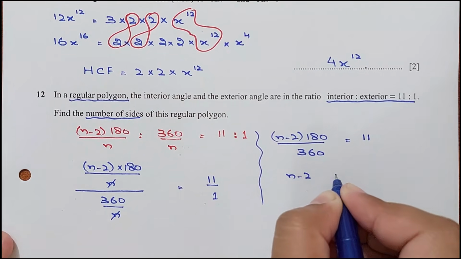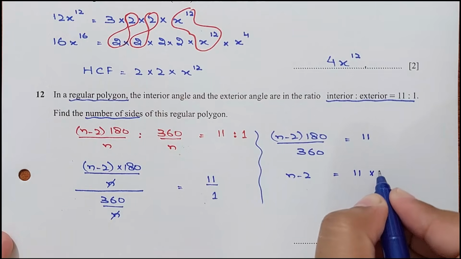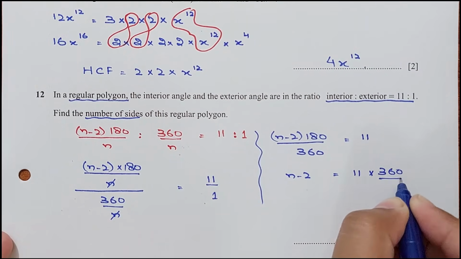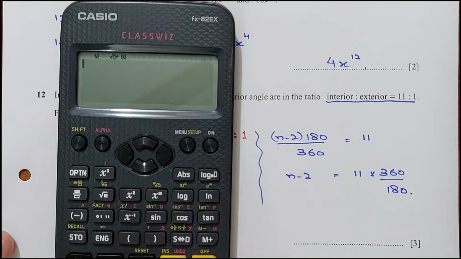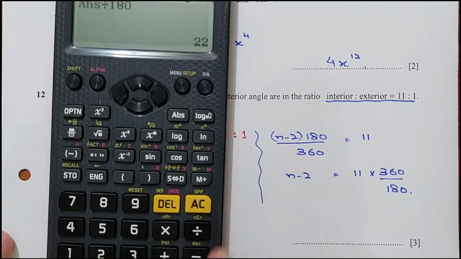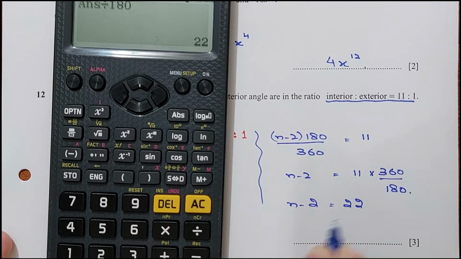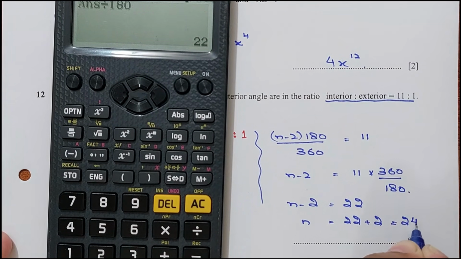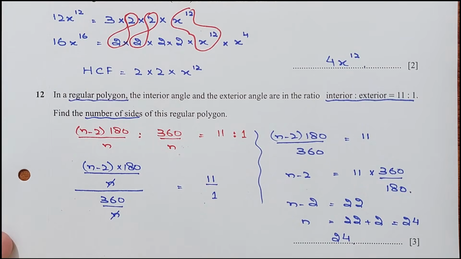N minus 2 is 11 times 360 divided by 180, which is 22. N minus 2 equals 22, and to solve for n we do 22 plus 2, which is 24. So the number of sides of this regular polygon is 24.